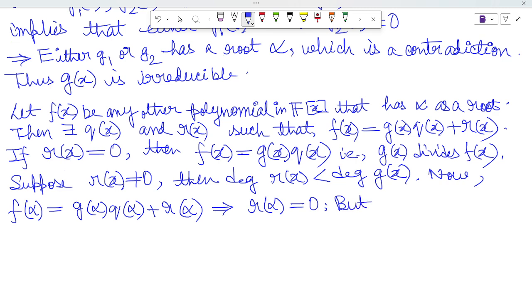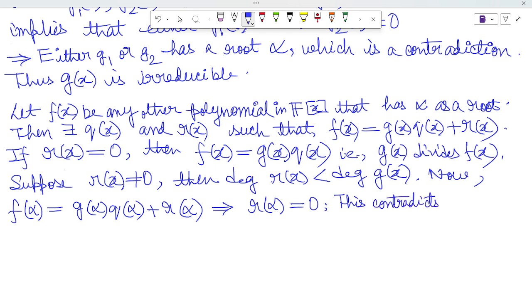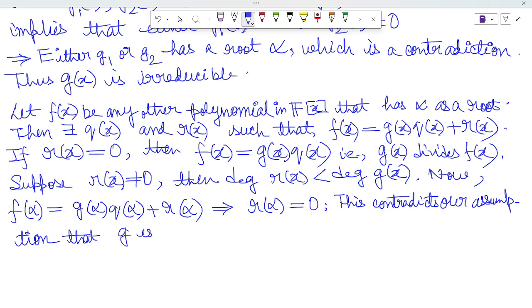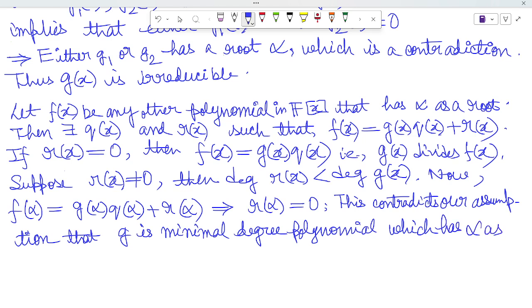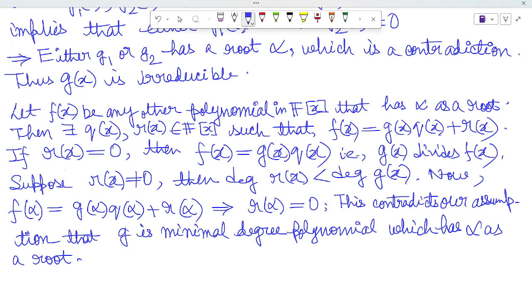But we chose g to be the minimum degree polynomial. This contradicts our assumption, where g means g(x), and r(x) is in F[x] because of the division algorithm. g is the minimal degree polynomial in F[x].